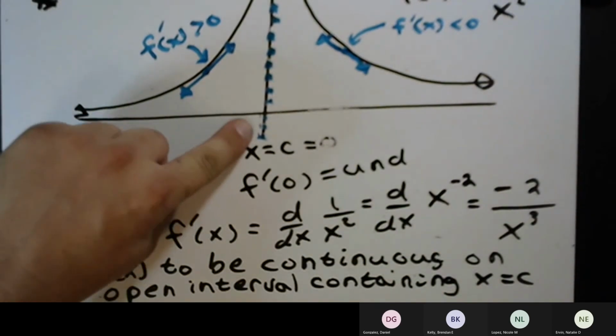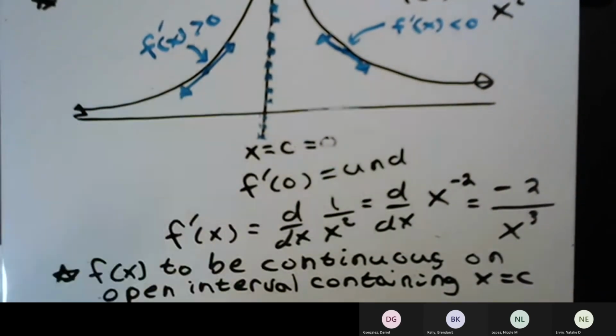And here at the vertical asymptote, that's going to be a discontinuity. So just keep that in mind.